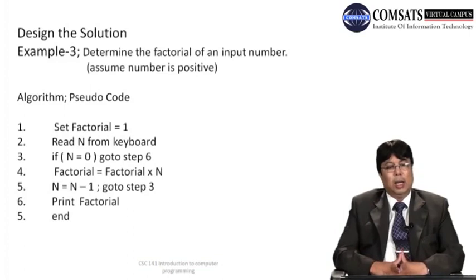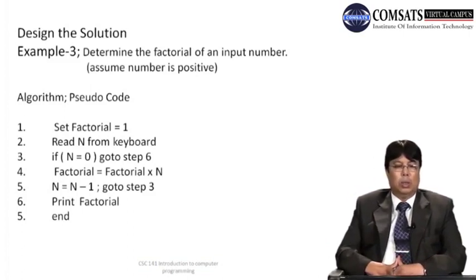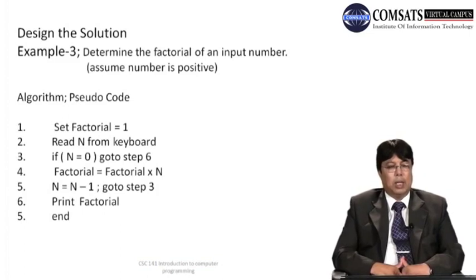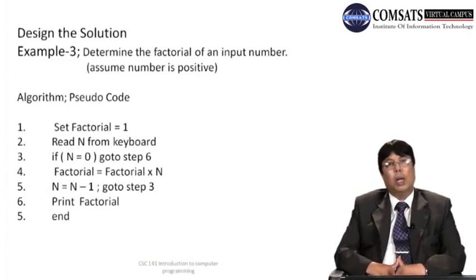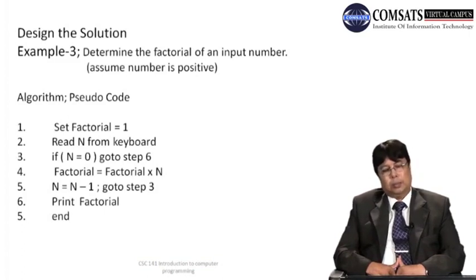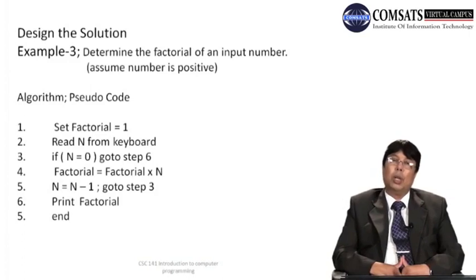यहाँ पे हम कहते हैं कि if n is equal to 0, go to step 6. What will happen? Suppose you have entered the value 0, it will go to step 6 और factorial की value जो यहाँ print होगी that will be equal to 1. It is the correct answer. Why? Because factorial of 0 is equal to 1.